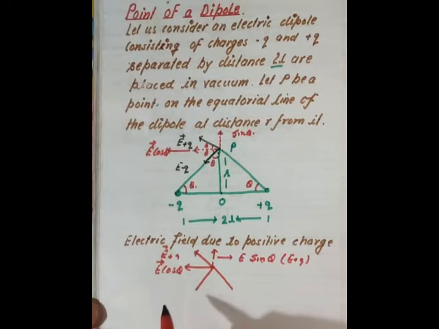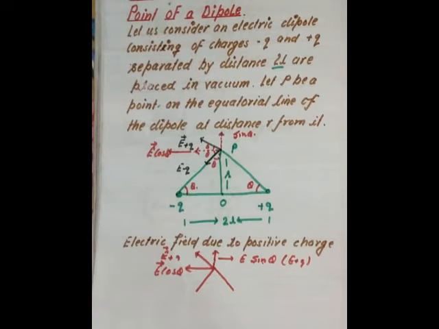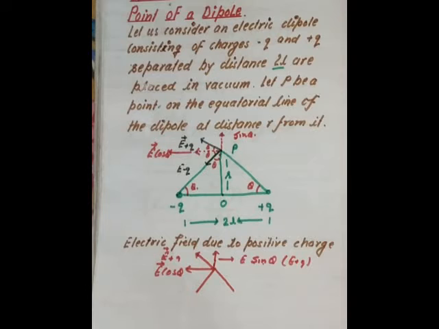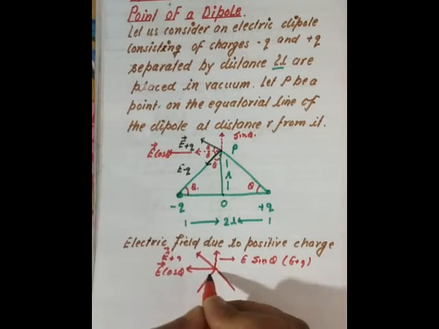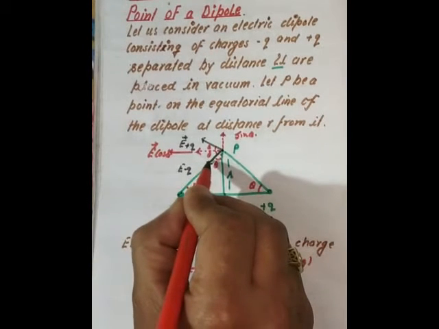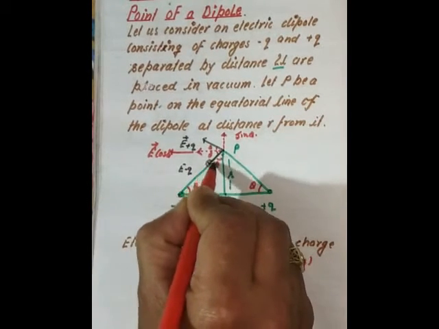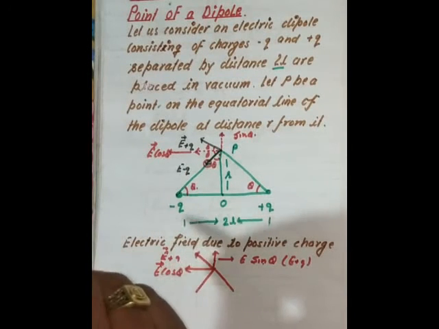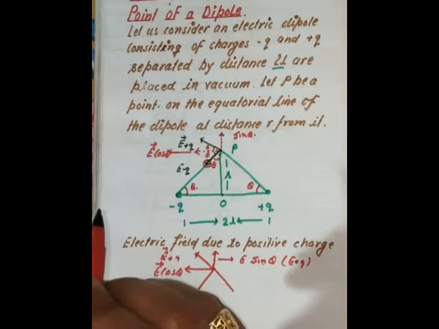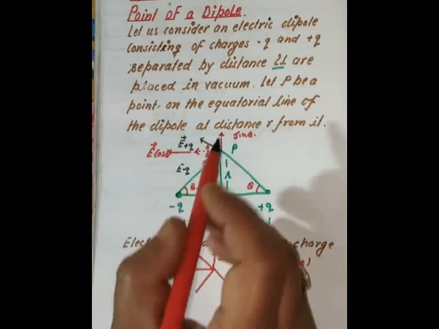Similarly, when we talk about the negative charge, there are again two vector components. This is the electric field's working direction. Then there are two vector components.